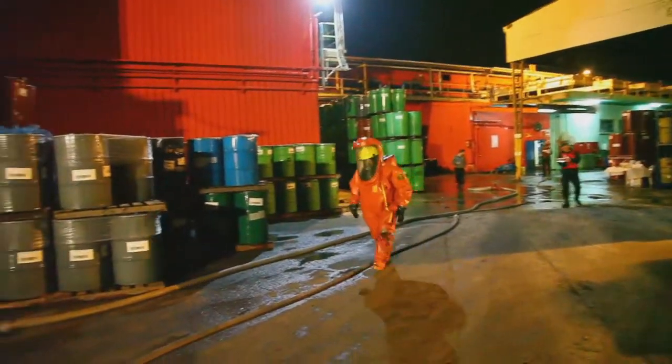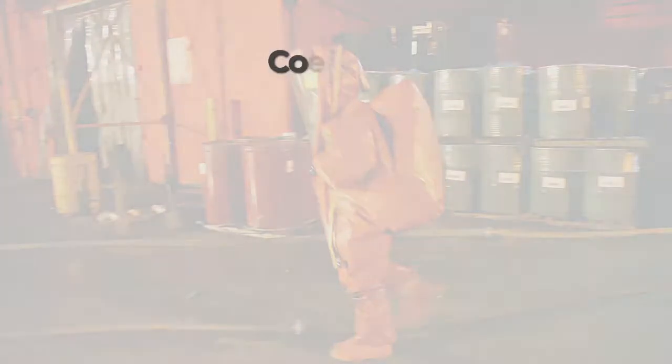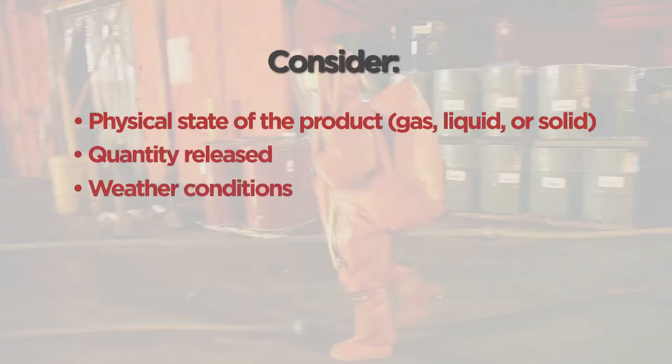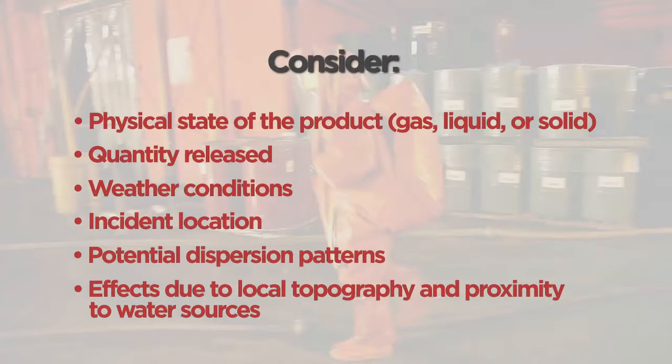In assessing the potential hazards at the scene of a poisonous materials incident, also consider the physical state of the product, gas, liquid, or solid, quantity released, weather conditions like wind and precipitation, incident location, potential dispersion patterns, and effects due to local topography and proximity to water sources.